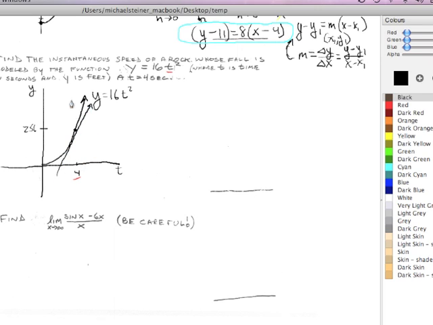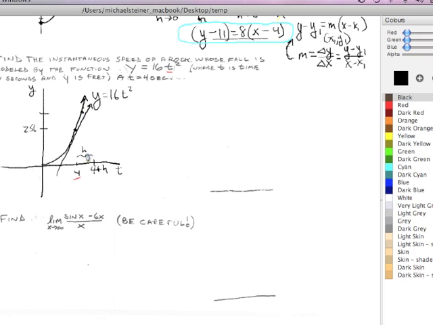So I'm going to draw it a little larger here. Let's take the distance h, and that would make this point 4 plus h. Remember, the goal is to find the slope of the secant line from 4 to 4 plus h, and then let h get really small. And here at 4 plus h, what's the height of the rock?